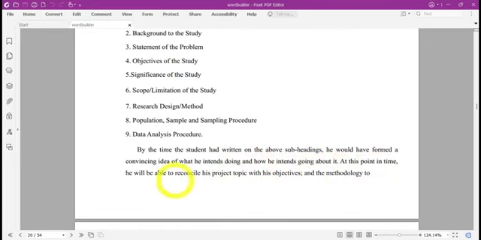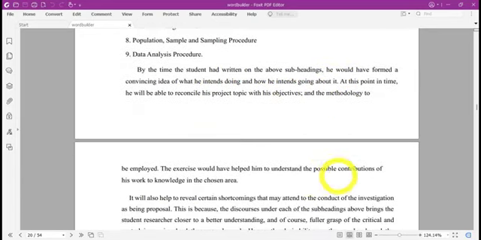At this point in time, he will be able to reconcile his project topic with his objectives. Remember your objectives: what you intend to achieve from the study. The two of them have to blend, and the methodology to be employed, the method he's going to use to do the work.